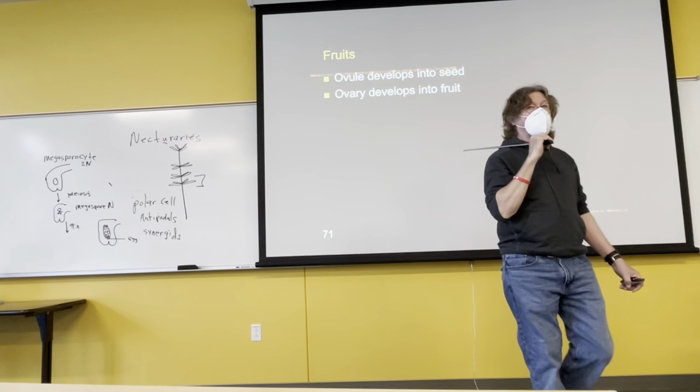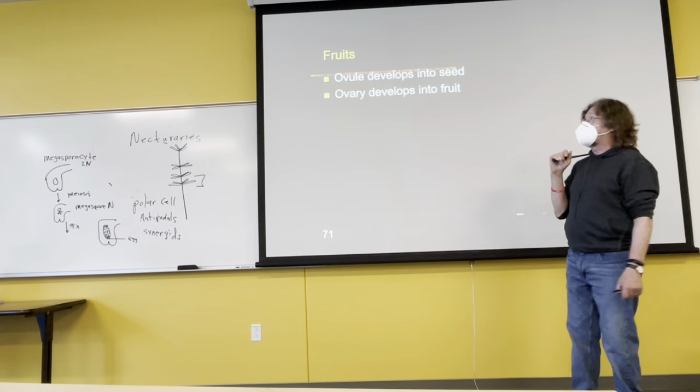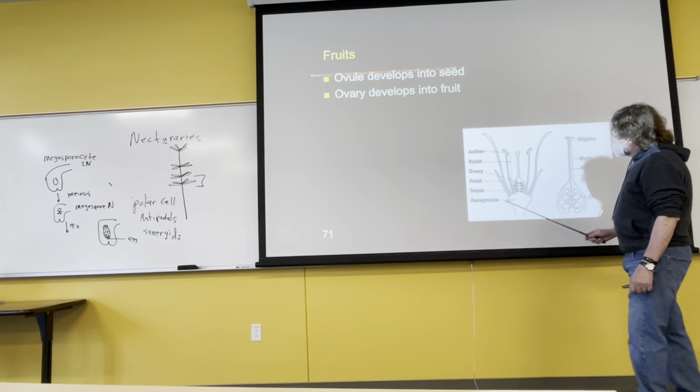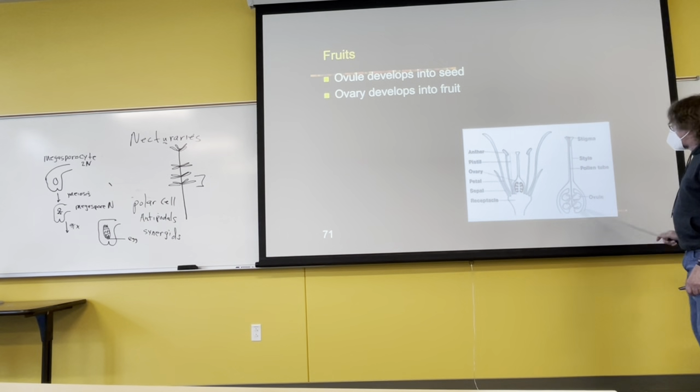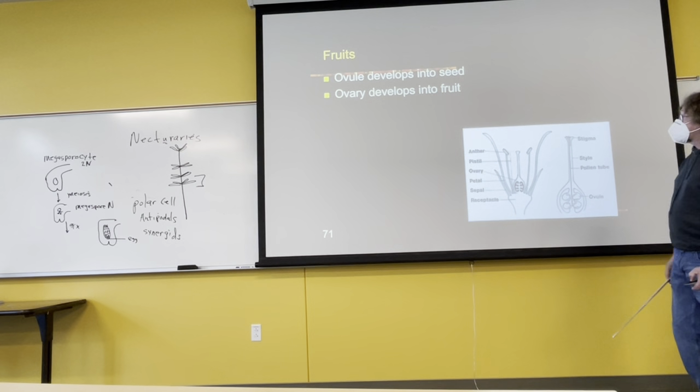It depends on how many ovules happen to be in the ovary. Okay? So this is sort of where that's the ovule, that will become a seed. This whole thing here is the ovary, and that will become the fruit.